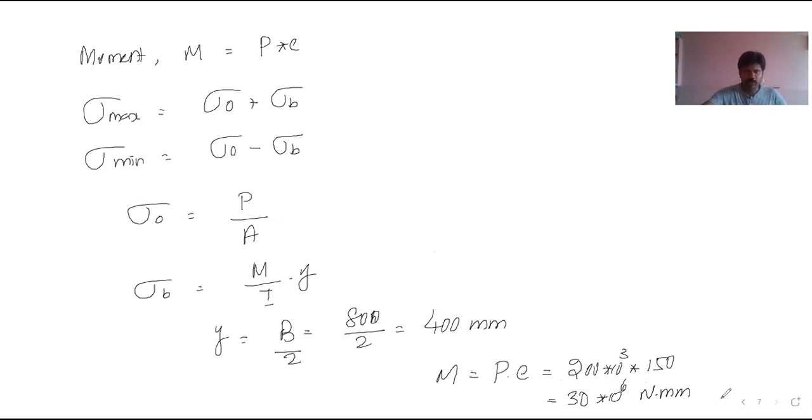Now we have to substitute these values into the sigma max and sigma minimum formulas. Sigma max is equal to P by A, so 200 into 10 cube divided by area.